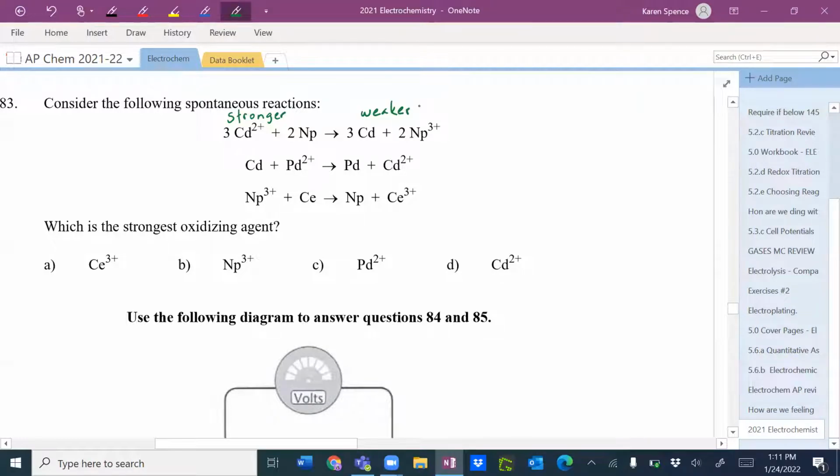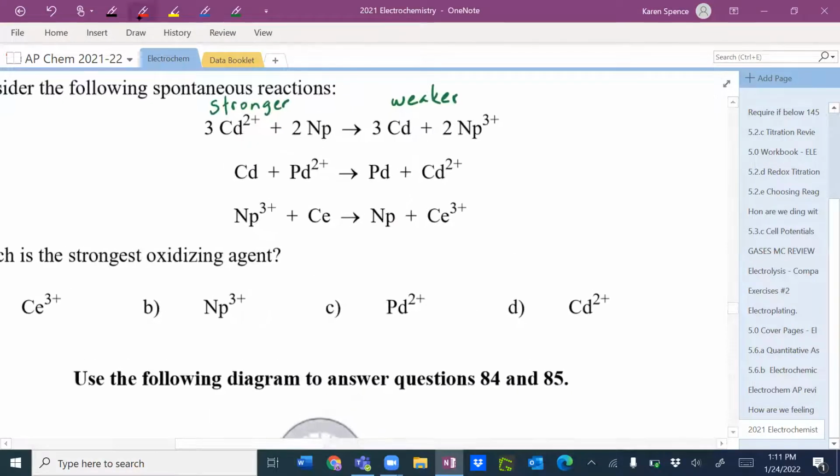Now, what the heck does that mean? Well, in our first reaction, cadmium is going from 2+ to 0, and so it has been reduced, therefore it is the oxidizing agent. Okay. And that means that NP is the reducing agent.